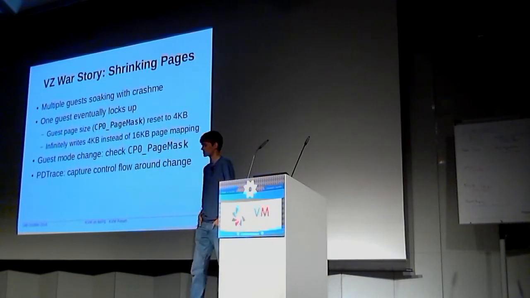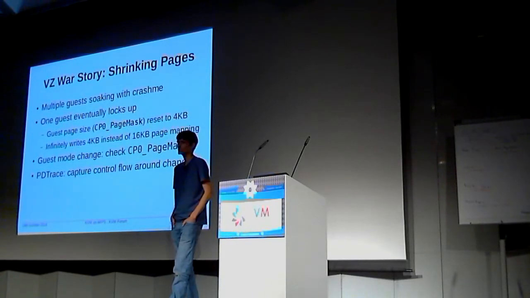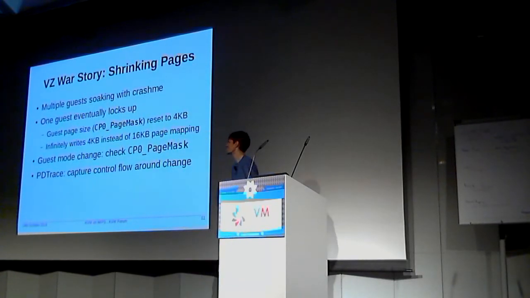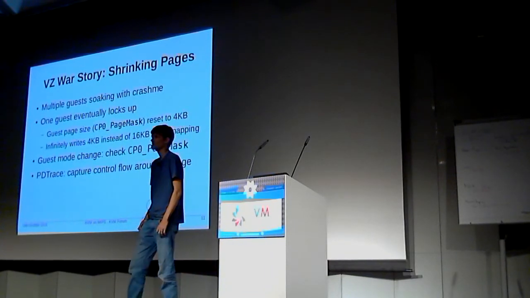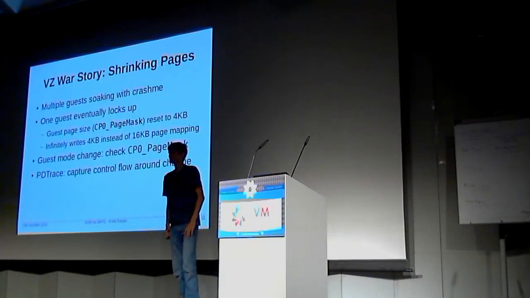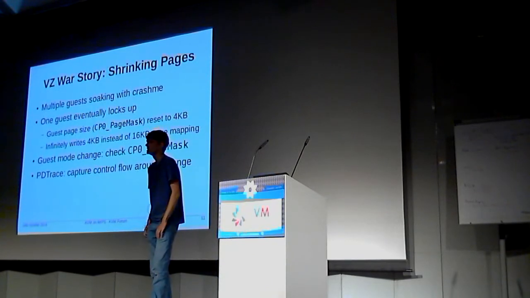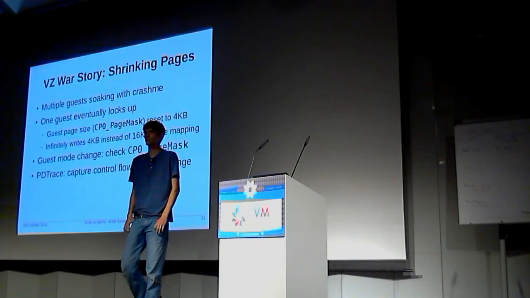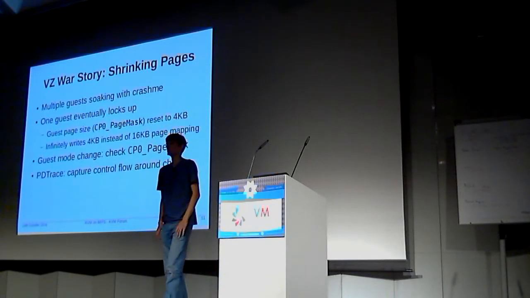So when two guests were running, eventually, if you left it running for a few nights, one of them would lock up. And after a bit of debug, it turned out that the guest page size was getting switched to 4K. Basically, when Linux starts on Linux MIPS, it sets the page mask register. And that means that any TLB that gets written will have the right page size.